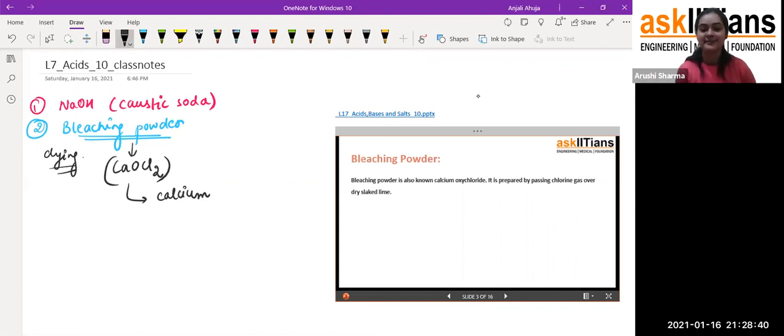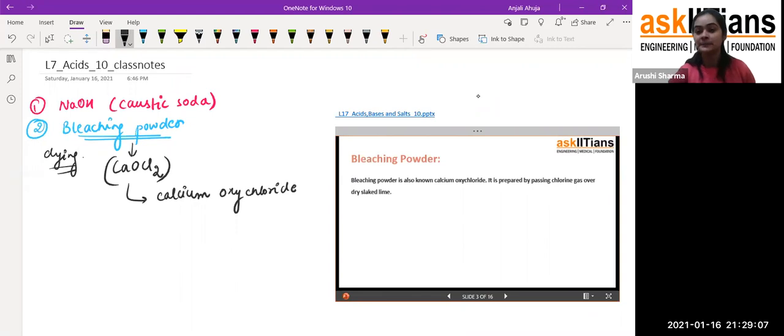It is calcium oxychloride, because it contains calcium, oxygen, and chlorine. If we talk about the scientific or chemical name, it is calcium oxychloride, that is CaOCl2.